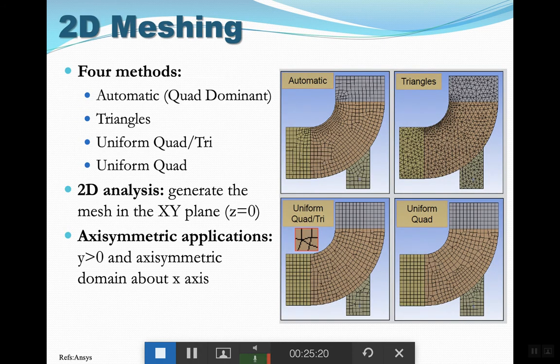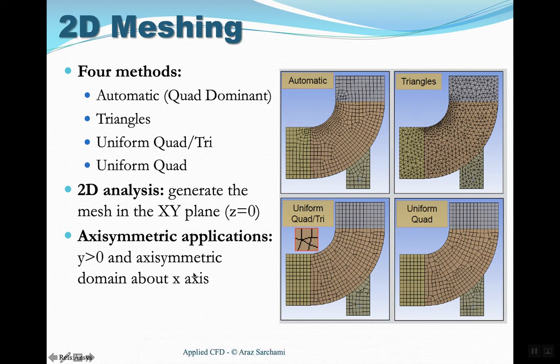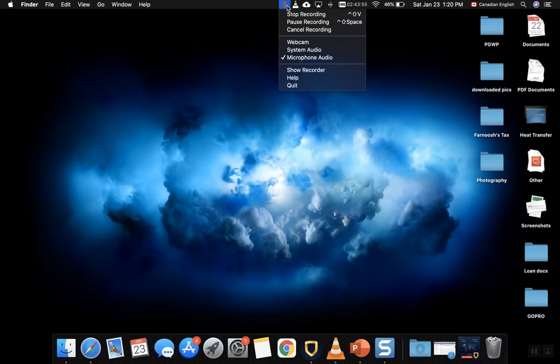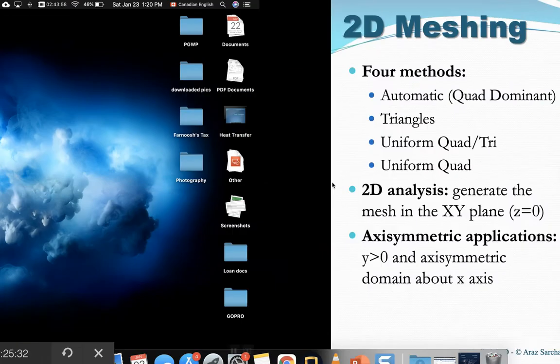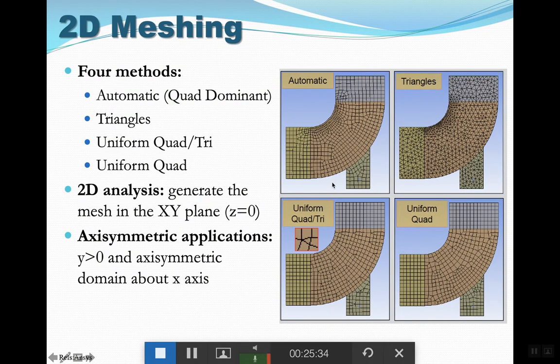So now let's move on to mesh generation, and these are ANSYS-specific functions that we will be using to generate our mesh. In mesh generation, same as geometry modeling, we basically have 2D meshing and 3D meshing. In 2D meshing, we have 4 automatic type methods: automatic, triangle, uniform quad tri, and uniform quad. You basically see the difference.